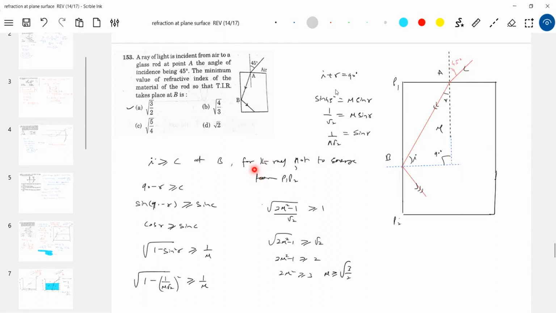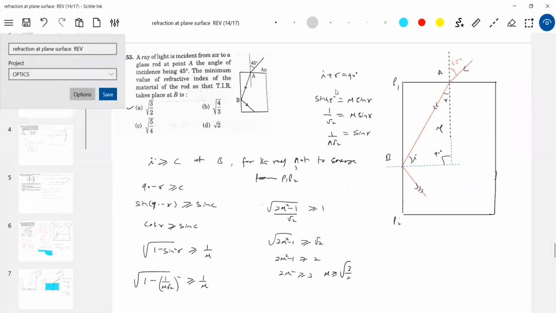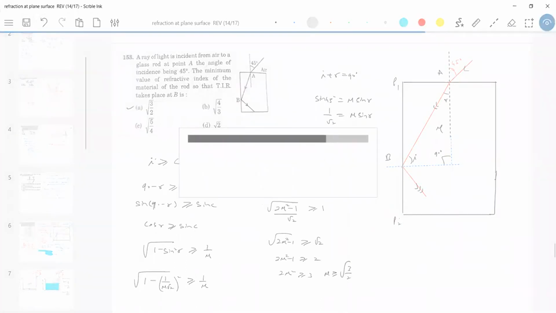There's a difference between those two ideas. In class, for any angle of incidence, the ray must not escape from P1 P2, and it was mu greater than or equal to root 2. Here the condition is brought at an angle of 45 degrees. Just observe what conditions are made available.